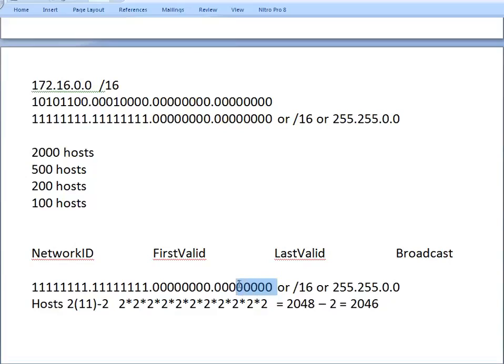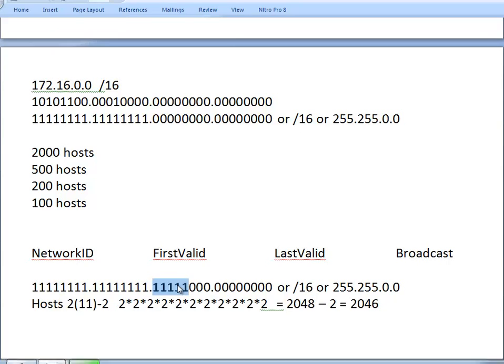Because we are reserving 11 zeros, that's 8, 9, 10, 11, the rest of the zeros will become 1s. So 1, 2, 3, 4, 5. I'll write them in red as well. That's our subnet. We have reserved 11 zeros.